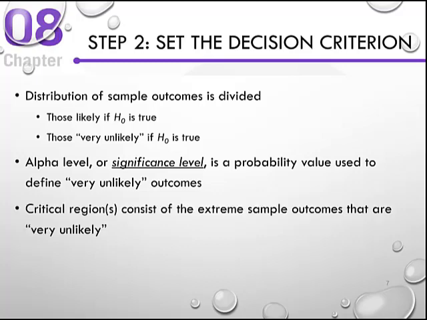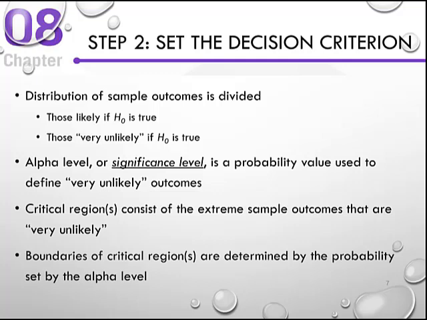The critical region is the set of sample outcomes that would be very unlikely to occur if the null hypothesis is true. If the research study produces a sample that is in the critical region, we can conclude that the sample data are not consistent with the null hypothesis, and therefore we reject the null hypothesis. So the boundaries of the critical region or regions are determined by the probability that's set by the alpha level.